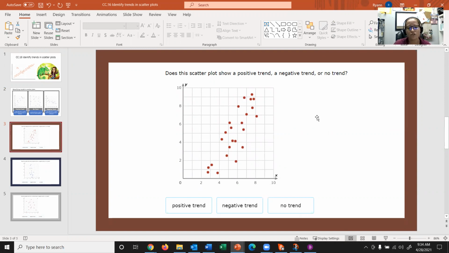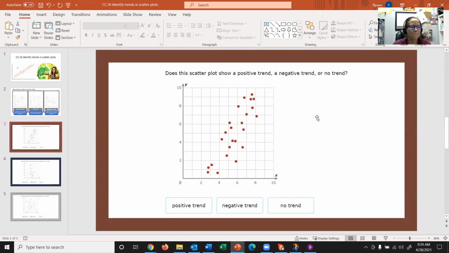I want you to take a look at this and think: is it showing me that the data is increasing both in the X and the Y? Is it showing me that the X is increasing, but the Y is decreasing? Or is it not really showing me any association between X and Y?